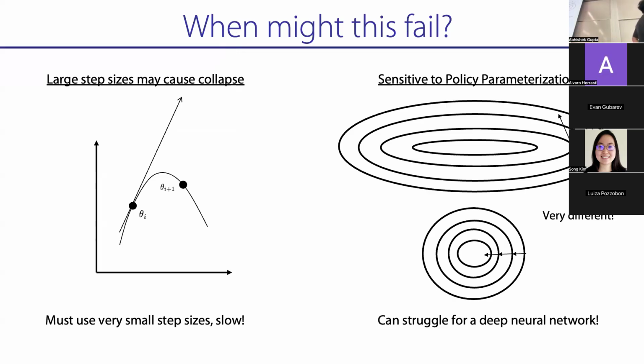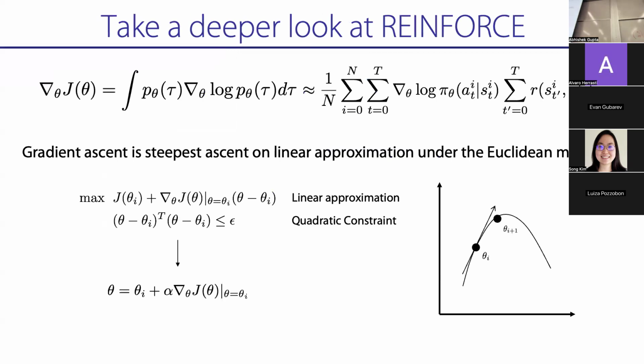The second issue is that it becomes really sensitive to policy parameterization. Some parameters make a much bigger effect on the policy than others, but you're taking this as a Euclidean norm, so you're saying all the parameters are weighted equally, like a ball that weights all the parameters equally. But some parameters might be scaled way differently than others.